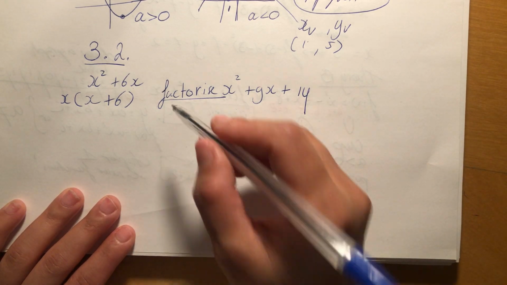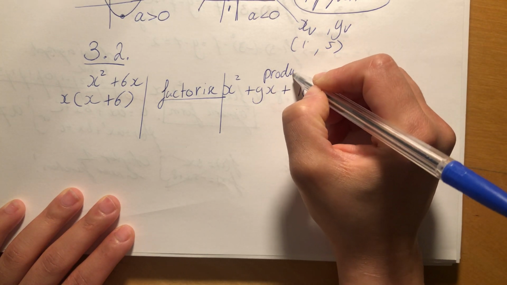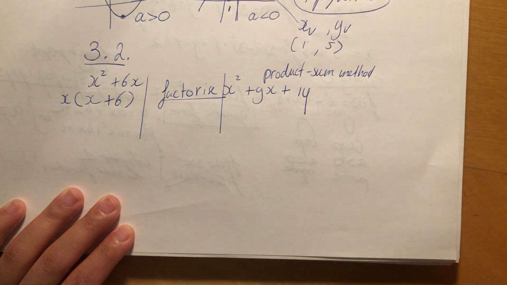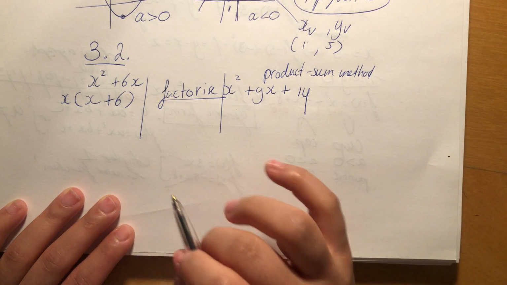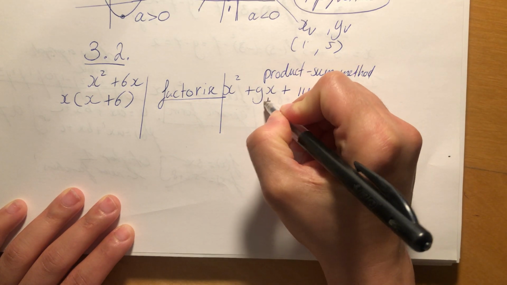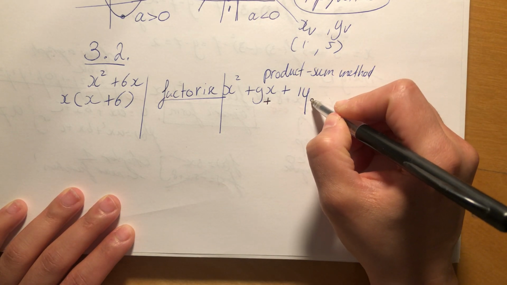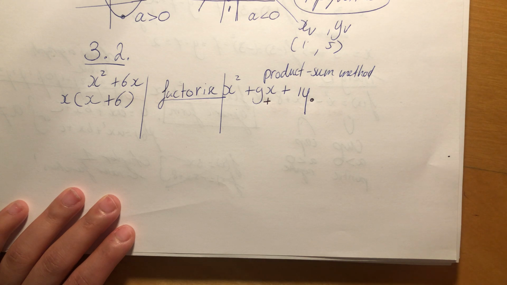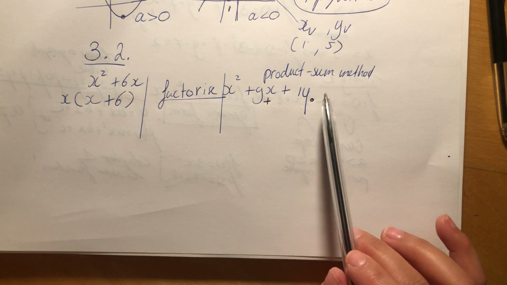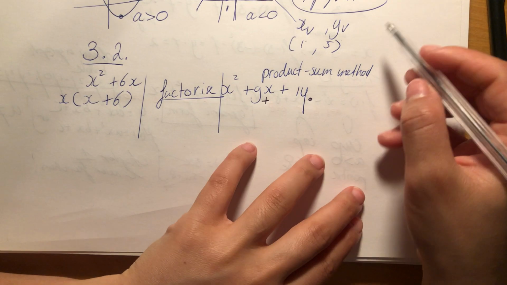Factorize this one, well, this one you do with the product sum method. So we talked about it in class. It means that you're looking, when you add two numbers, you get the 9, and when you multiply, you get the 14. So there are many ways to try this. You can make a table over here. Okay, let me find out what times what makes 14. So you got options.